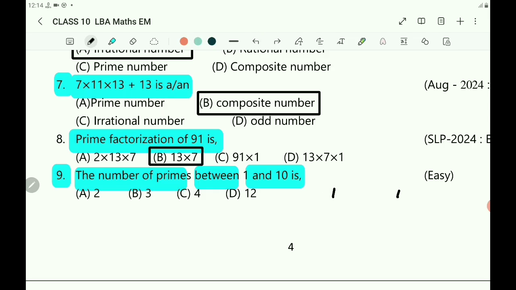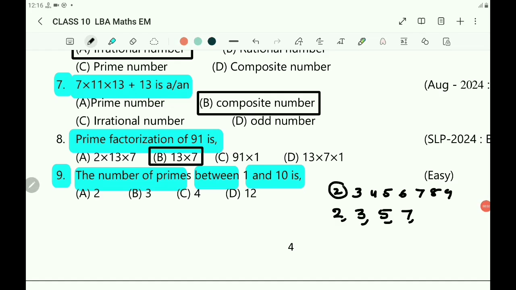So the first prime number is 2. The next prime number is 3. The next prime number is 5. Then 7. If you write all the numbers from 1 to 10: 1, 2, 3, 4, 5, 6, 7, 8, 9, 10, you have to leave 1 and 10.